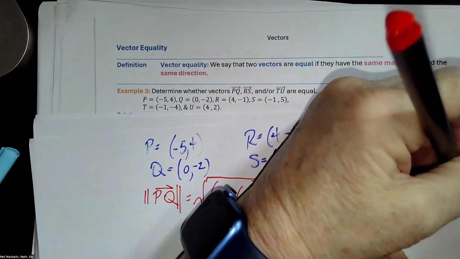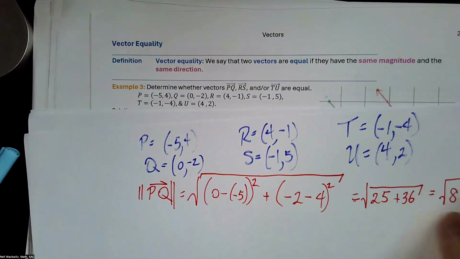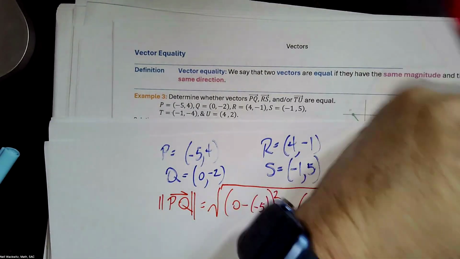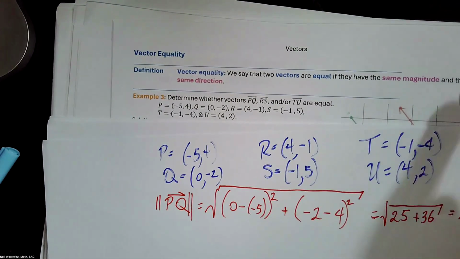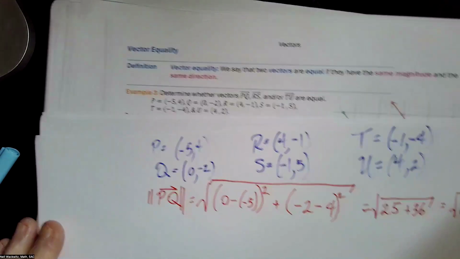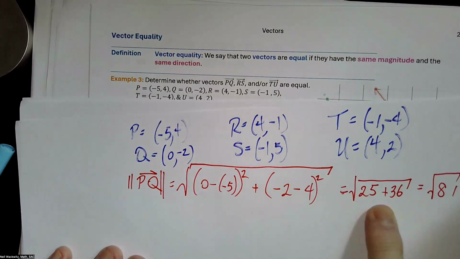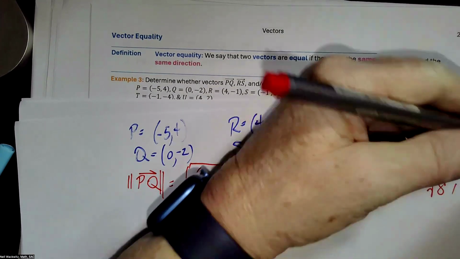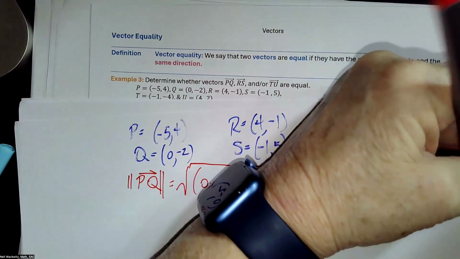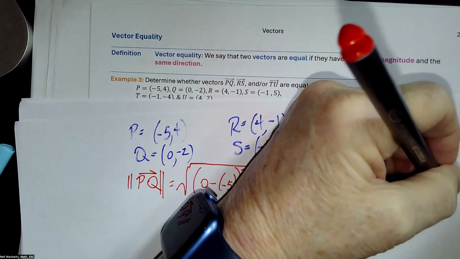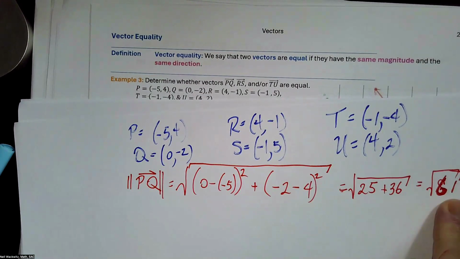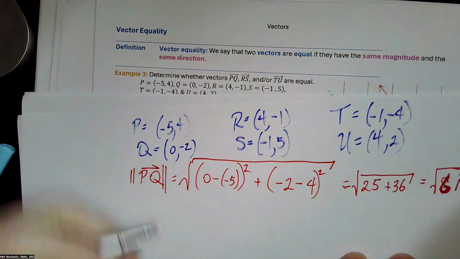And we get 61. So the magnitude of PQ is just square root of 61.